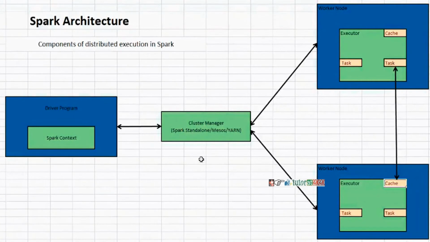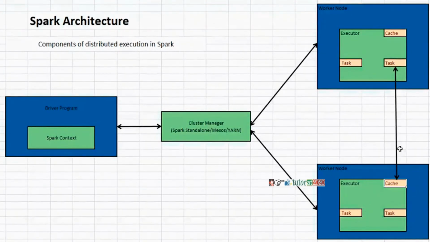like, for example, using the map function. So what it does is the tasks on, say, this machine would work on the data set that is present in this machine, so it is applying that function on the data that is held in this machine. And similarly, the task that is run on this machine is applying the functions onto the data set that is held in this cache, right?